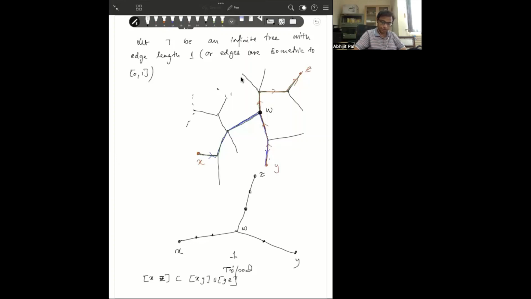The same thing holds for the other sides also. So this means that the triangle xyz is zero slim.